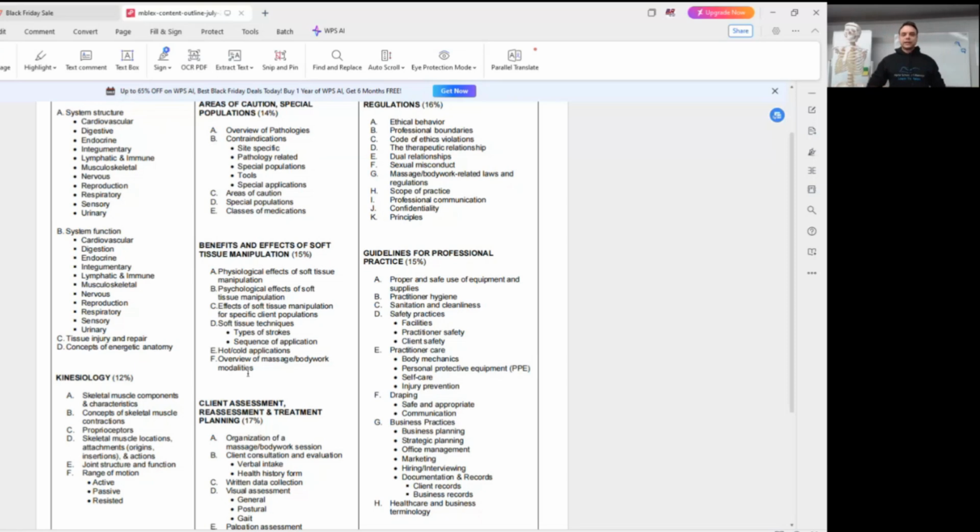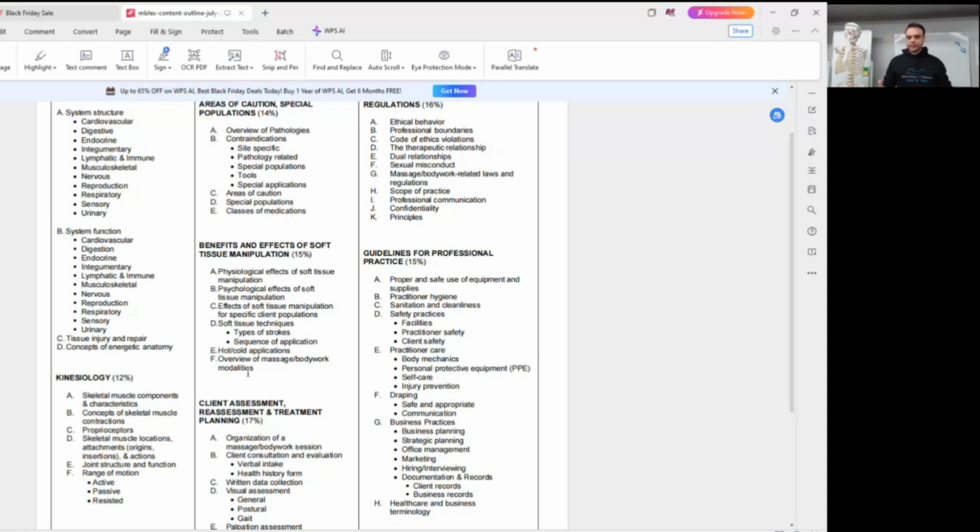Of course, active range of motion is where my client is actively engaging and contracting muscles to perform the movements of the joints. Passive range of motion is if I'm taking my client's body part, such as their arm or leg, and I'm moving the joints without them interfering or putting any input in on their own accord. So they could be asleep on the table and I'm moving the joints passively.